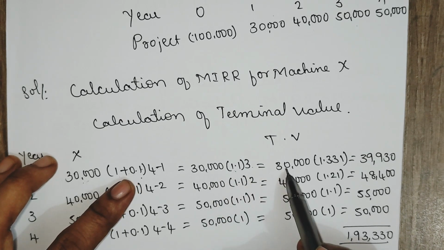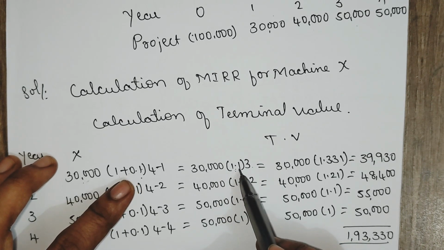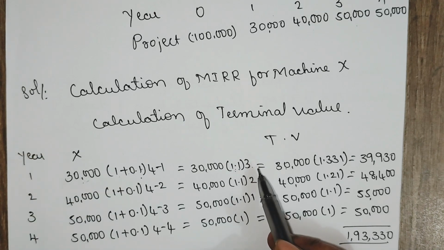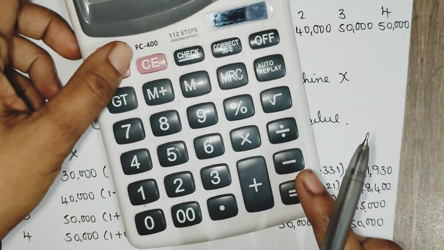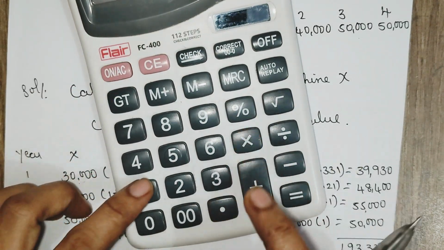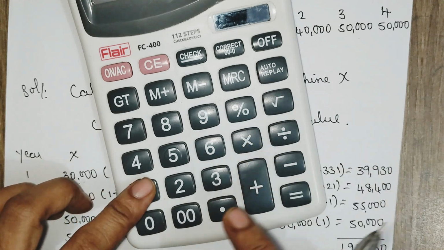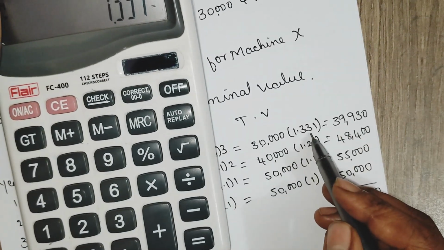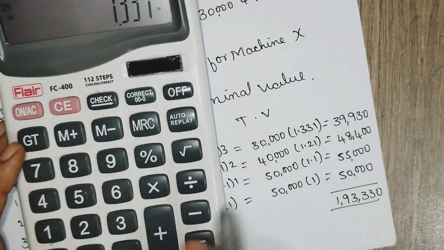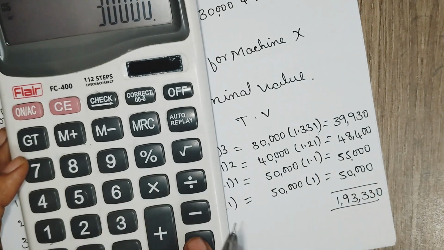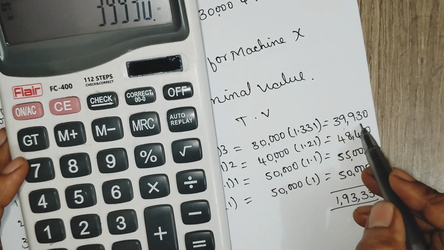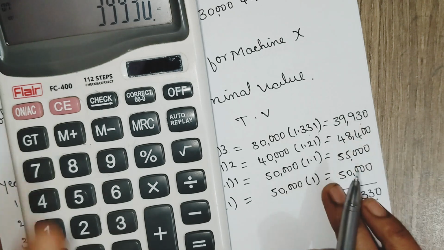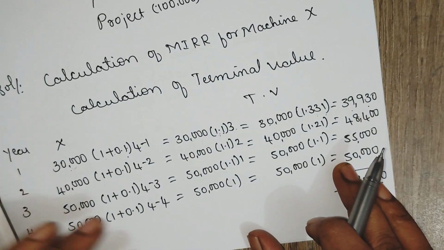Now 30,000 into 1.1 three times: 1.1 into 1.1 into 1.1 gives 1.331. Now 1.331 into 30,000 is 39,930. That is the first year.